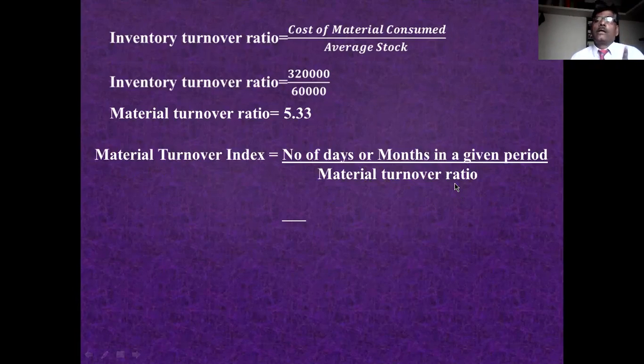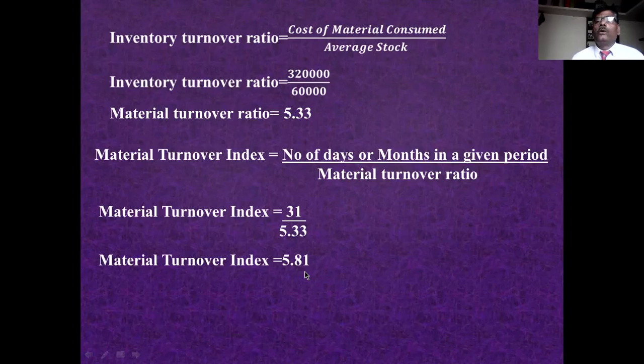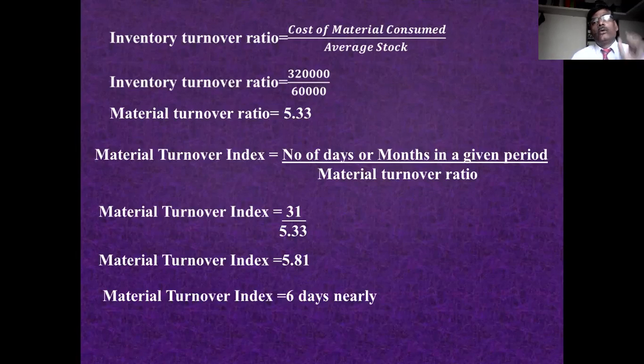The given period is August, and in August there are 31 days. So you take 31 days and divide it by material turnover ratio. So it indicates 5.81 days, which is nearly 6 days. Means for every 6 days you have to refill your godown. Every 6 days your godown becomes empty and you have to refill it. That is the point.